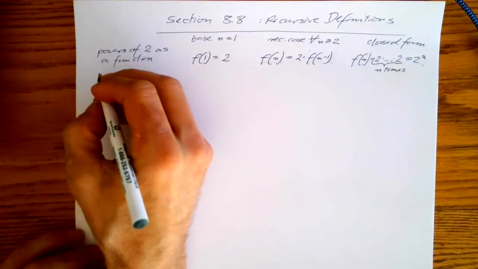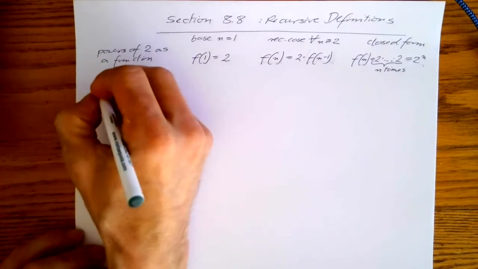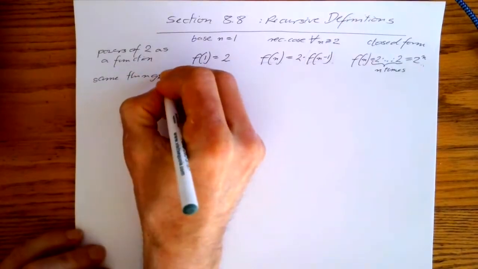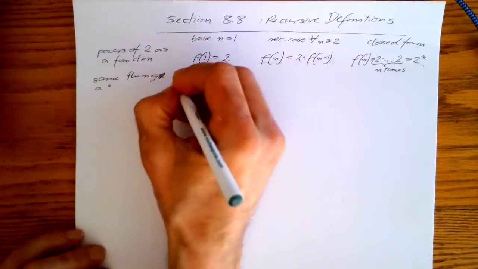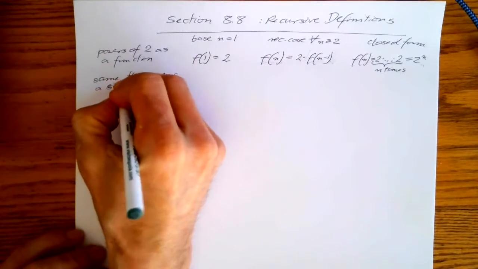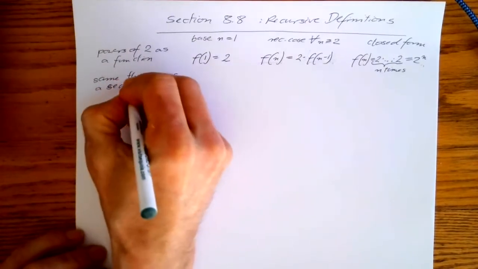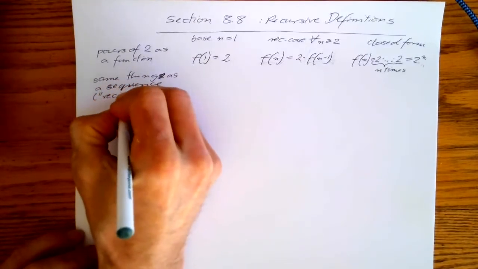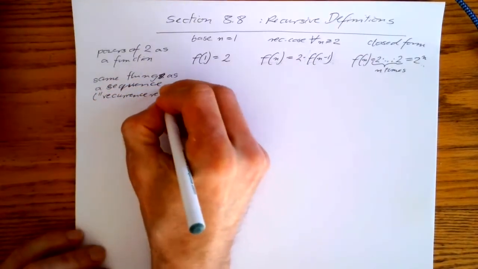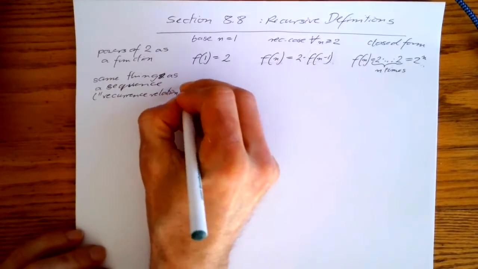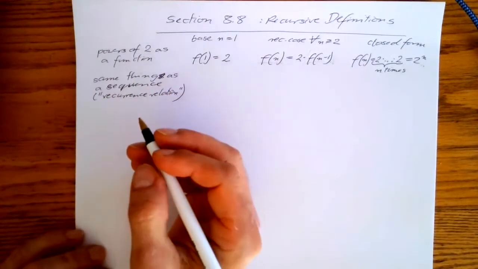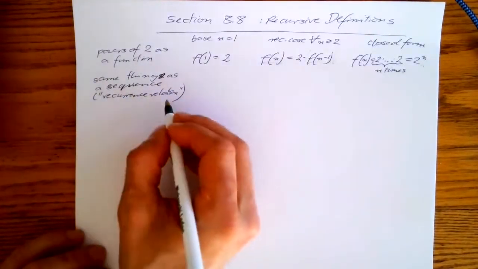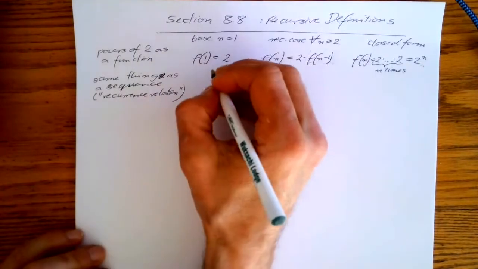Okay, now let's look at this same thing as a sequence. This had a special name. We called it a recurrence relation. It simply recursively defines sequences, but in the case of sequences, it's a special term for that.